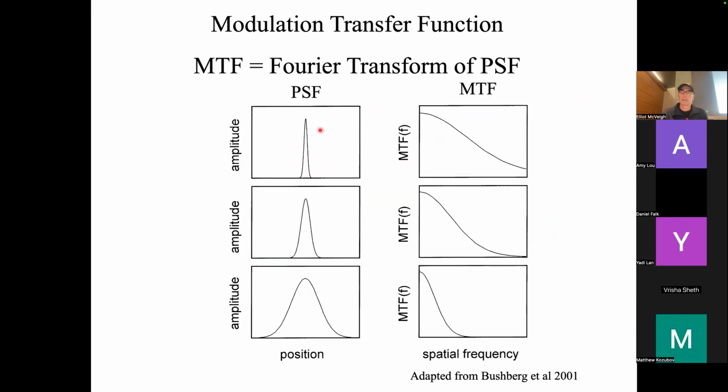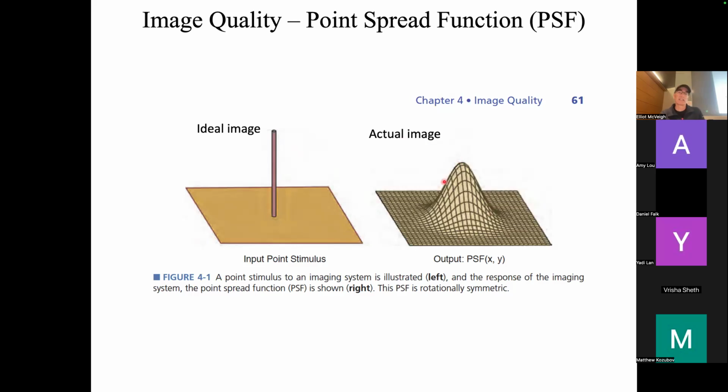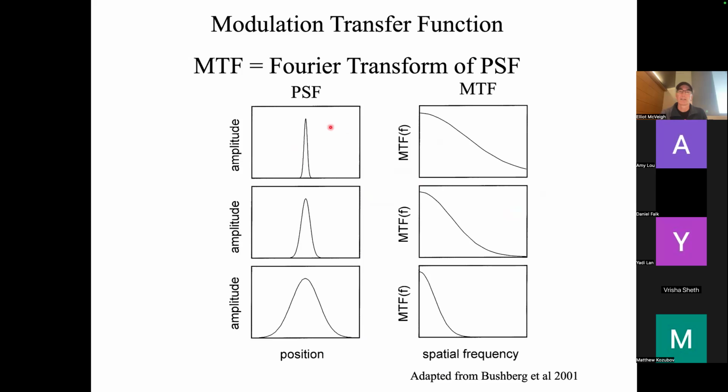And usually the point spread function is circularly symmetric, so any way you look out, it looks the same. So you can just draw a profile through it and characterize it with this one-dimensional function, which is that profile. And so here's the point spread function with that profile drawn through. So this is space, or millimeters, this way. The modulation transfer function, remember, is the Fourier transform of this. It's over here in spatial frequency coordinates.